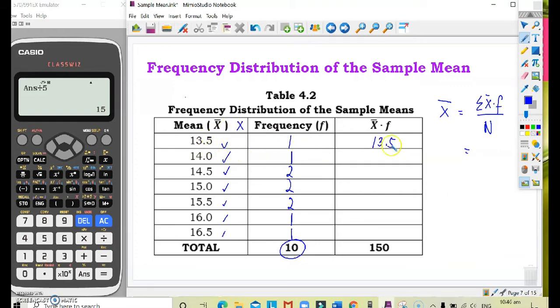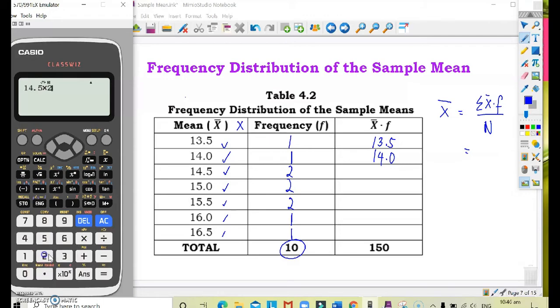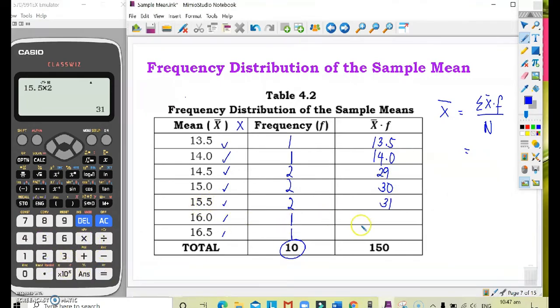13.5 times 1, that's 13.5. 14 times 1, that's 14. 14.5 times 2, and the answer is 29. 15 times 2, that's 30. 15.5 times 2, that's 31. 16 times 1, that's 16. 16.5 times 1, that's 16.5.